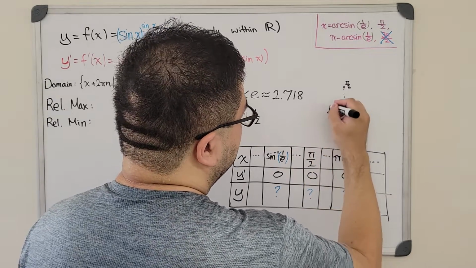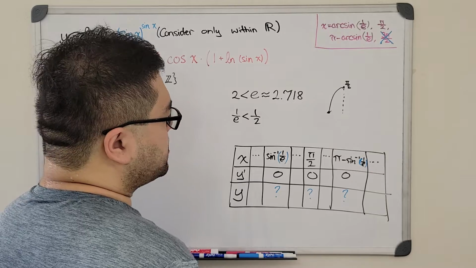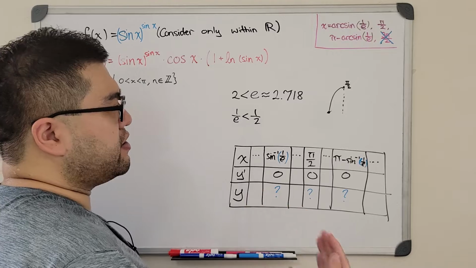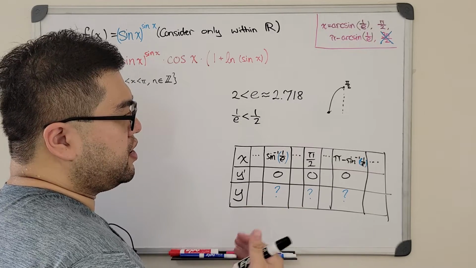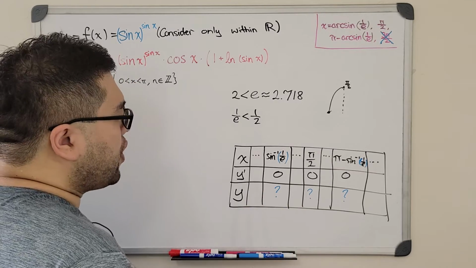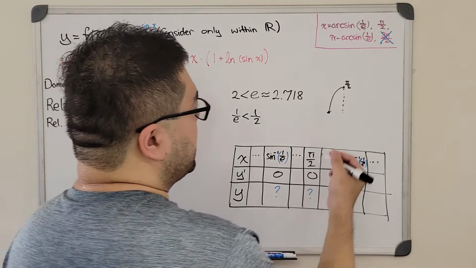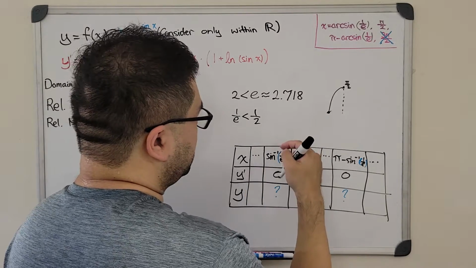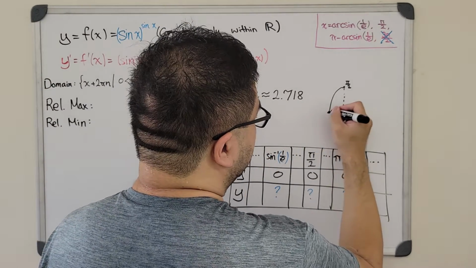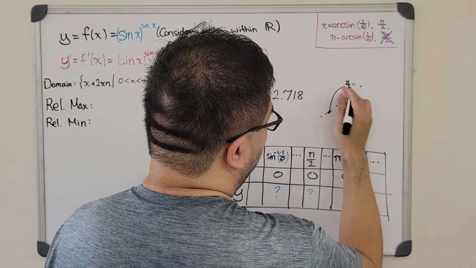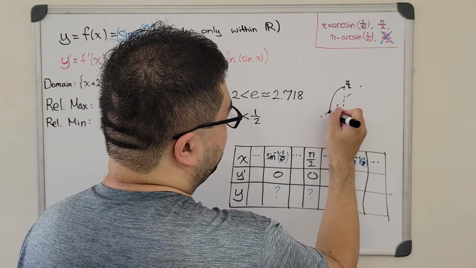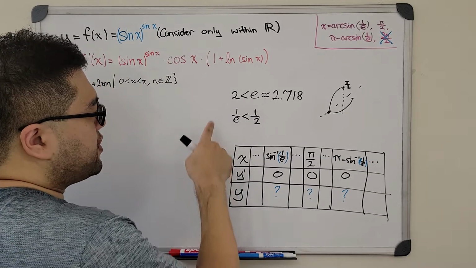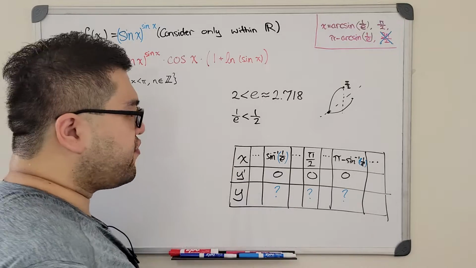In fact, it actually looks like this. So as sine is a monotonic increasing function, the inverse function of it is also a monotonic increasing function, because if we consider the graph, the inverse function will just flip it this way, like this.